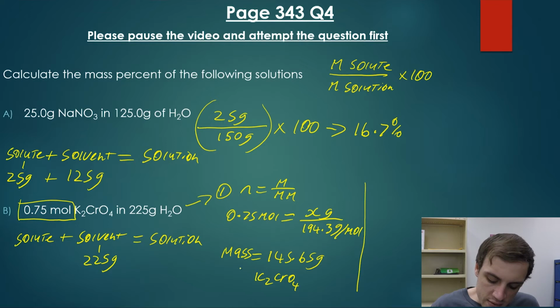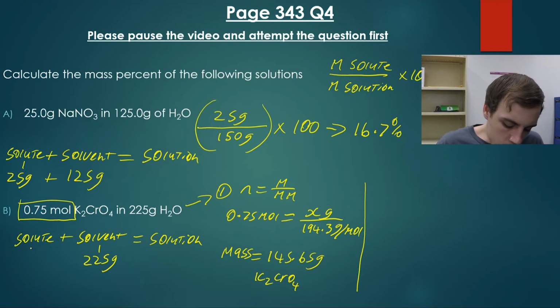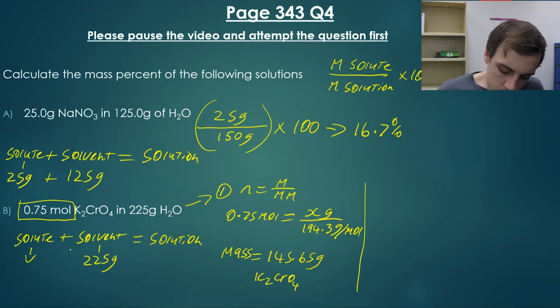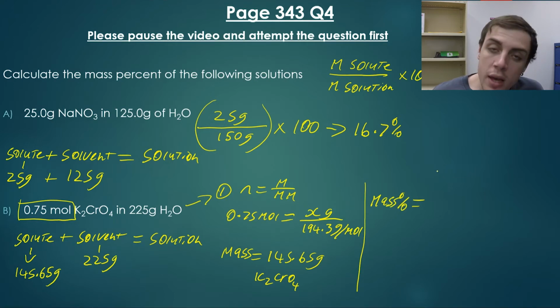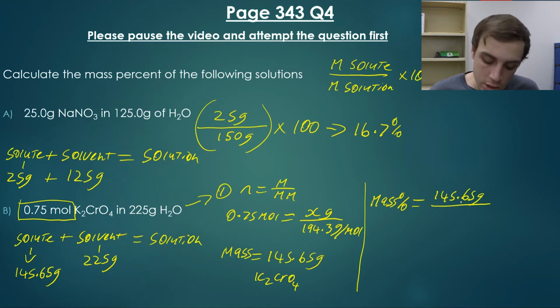So now that we've done this first step and we know the total mass of the solute, we can calculate our mass percent. So the mass of the solute is 145.65 grams, divided by the mass of the solution.